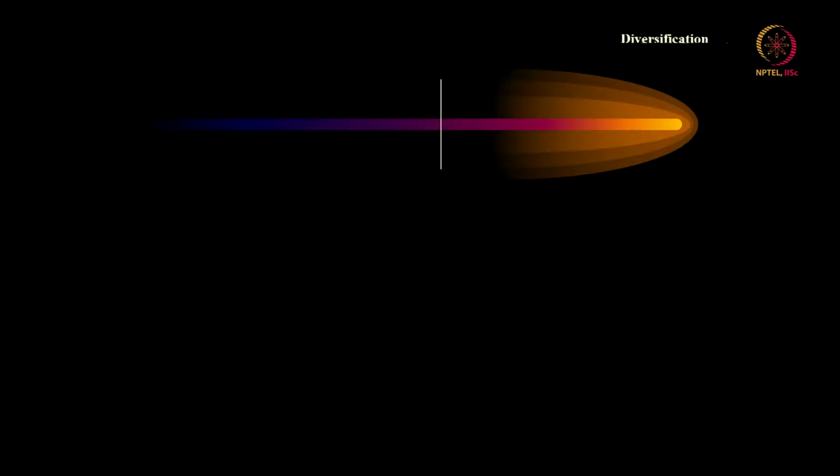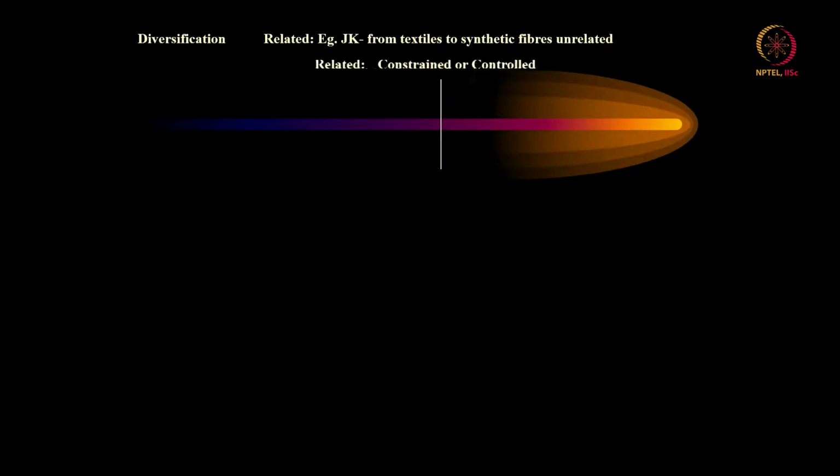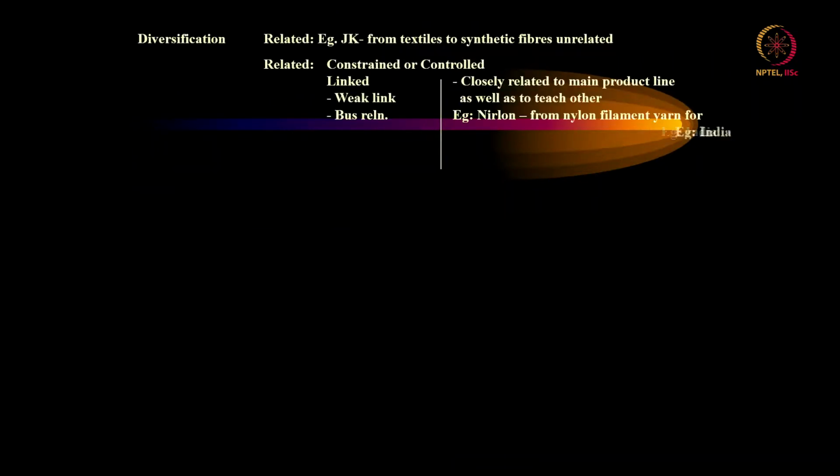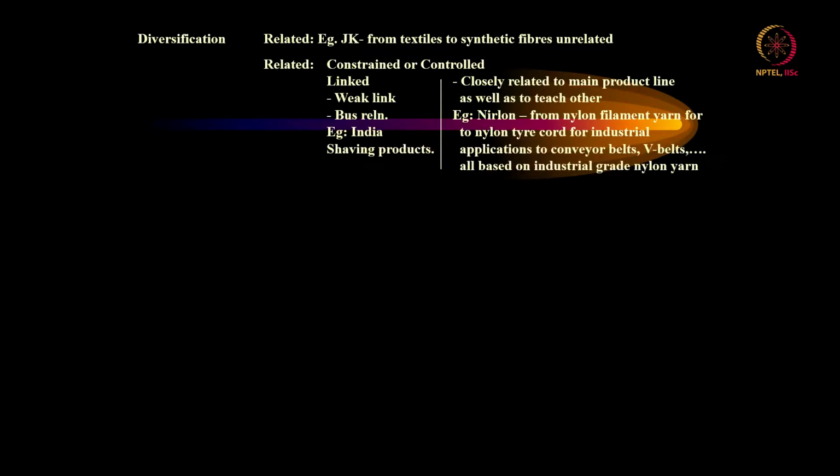So, in other words, when you are looking at diversification, you are looking at related diversification, you are looking at unrelated diversification. So, in related diversification, you are looking at constrained or controlled diversification.